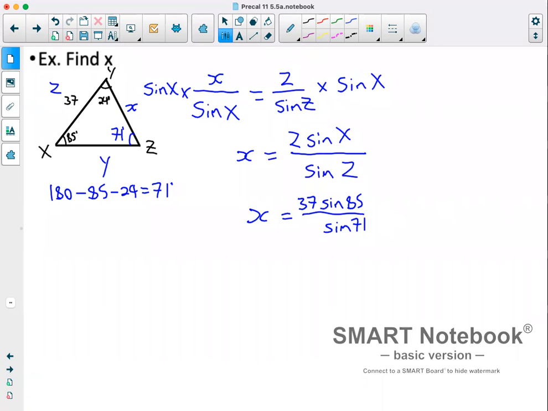And that should give us 38.98, so that rounds to 39.0.